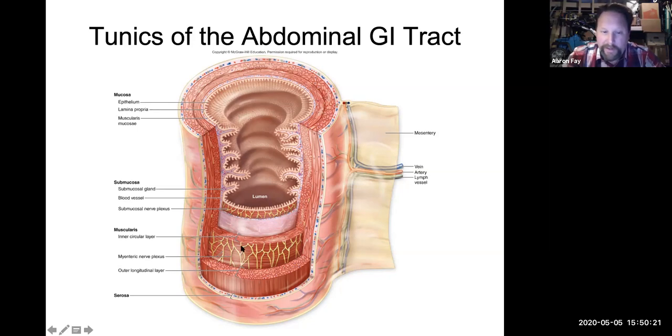One thing I want to point out, we didn't talk about any of this nerve stuff in the nerve section, but there's an entire division of the nervous system we didn't even talk about called the enteric nervous system. And the enteric nervous system is very large and very complex and is really part of your visceral sensory and autonomic nervous systems.